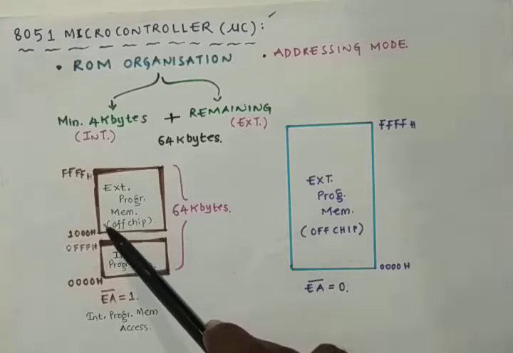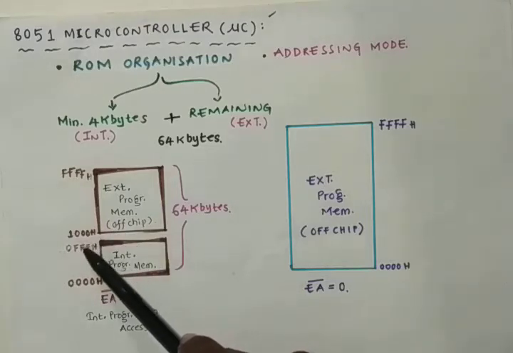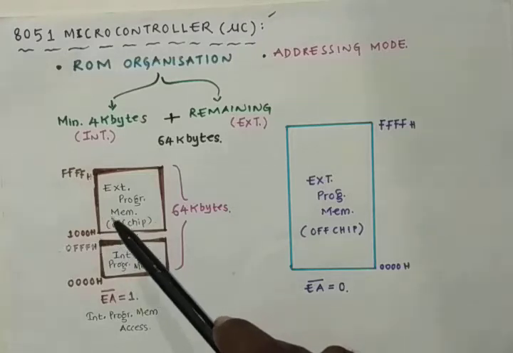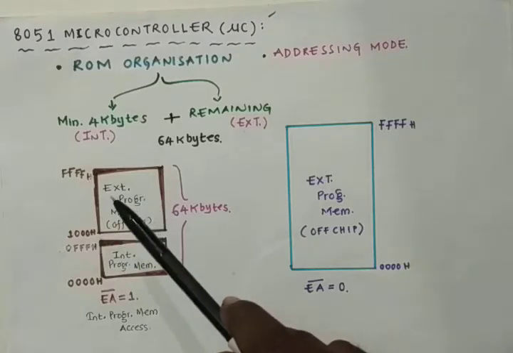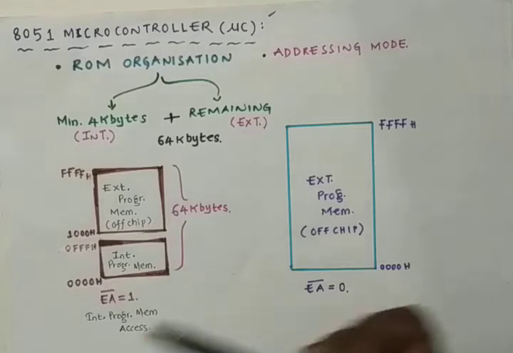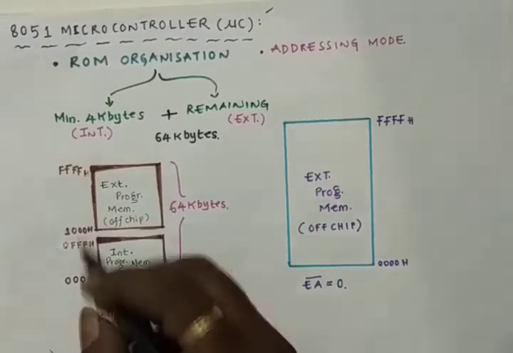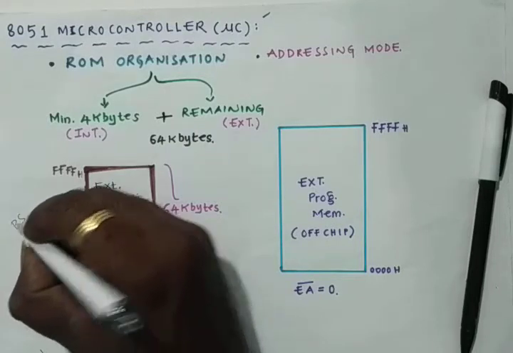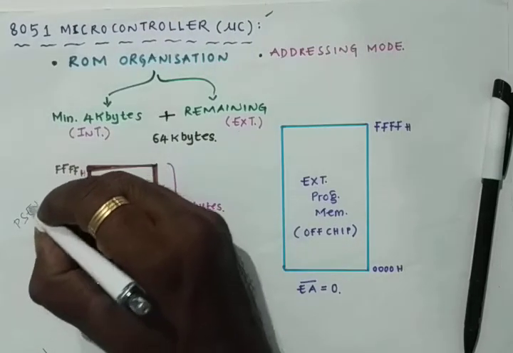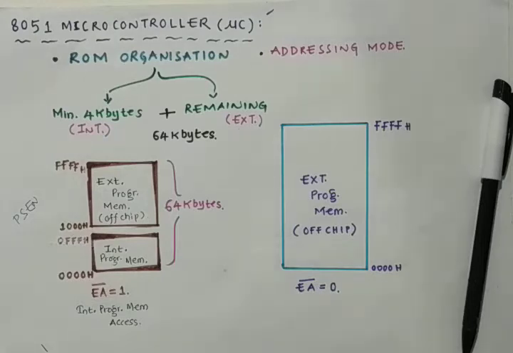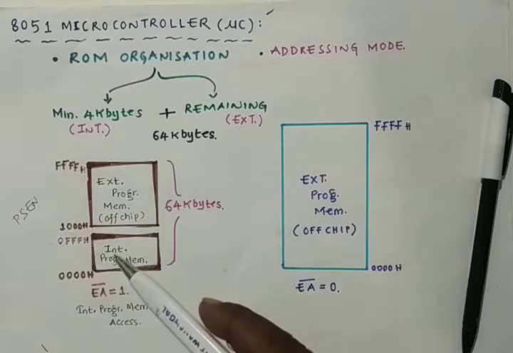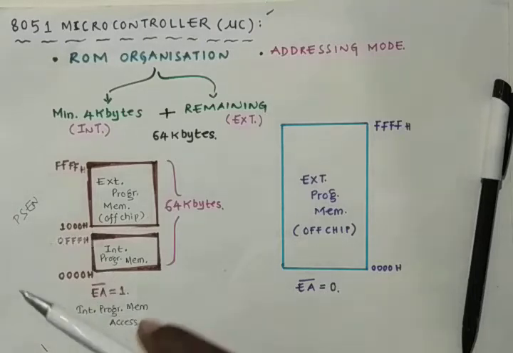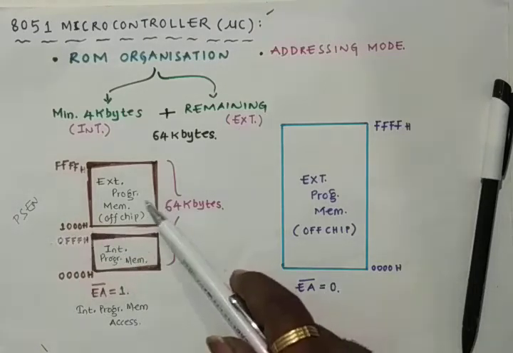An attempt to access the memory beyond 0FFFH will make the 8051 access the external memory using the program strobe enable. That pin is named program strobe enable, PSEN. By making use of the program strobe enable signal, it informs the external circuitry that the address and data buses are now to access the external read-only memory.